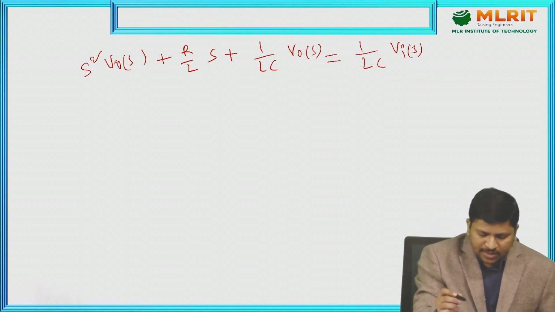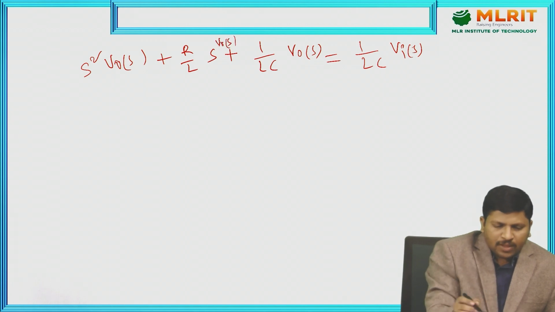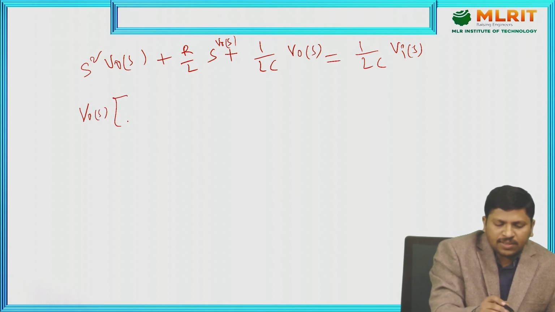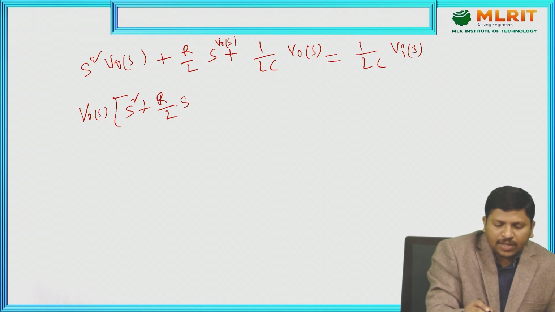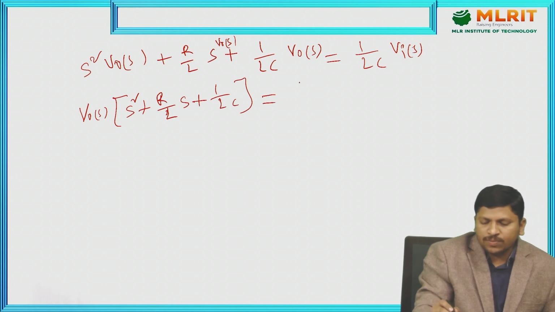I am going to take the V naught of S common: S square plus R by L into S plus 1 by LC equals 1 by LC into Vi of S.